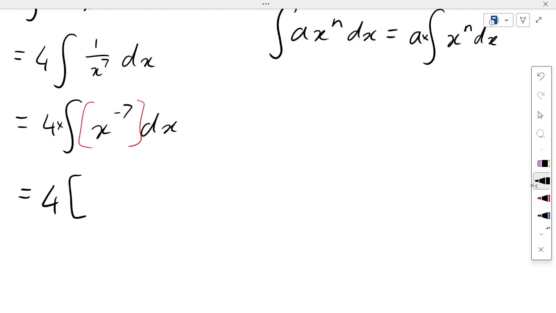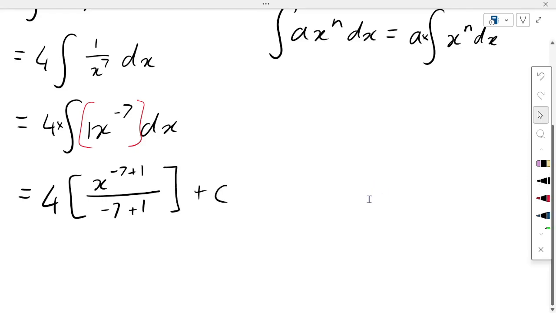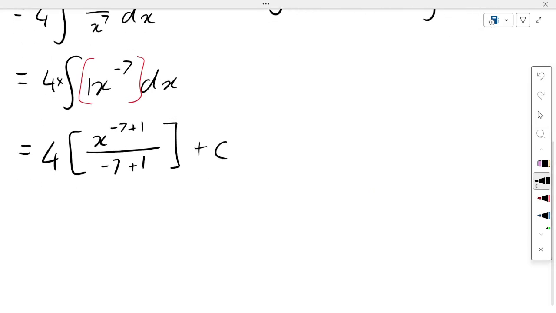And that's going to be, apologies, the integral of x to the power of negative 7, we know the coefficient is 1. So we don't have to write that down. It's going to be x raised to the power of negative 7 plus 1, all divided by negative 7 plus 1, with respect to dx. So that means it's just going to be plus c, like that. The plus c is outside. That's why I say always put it at the end.